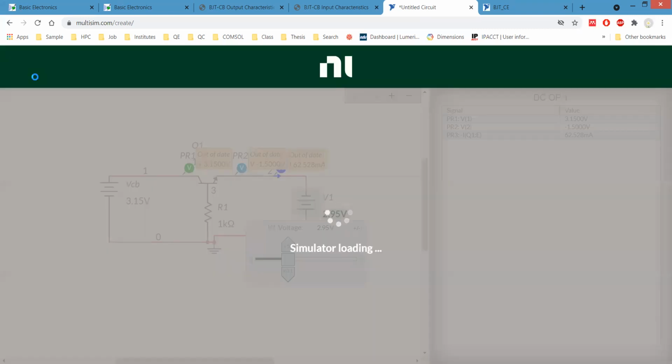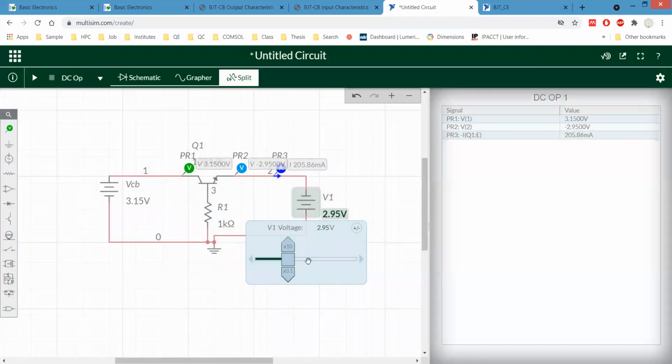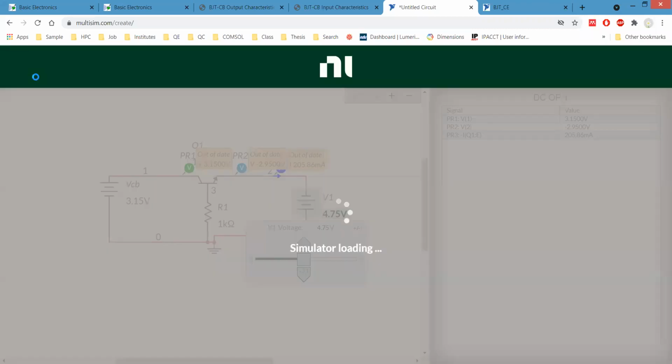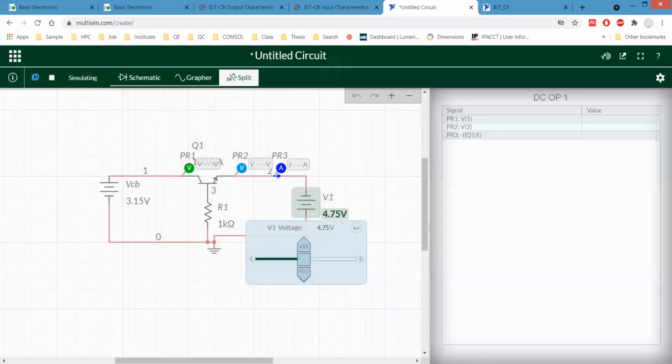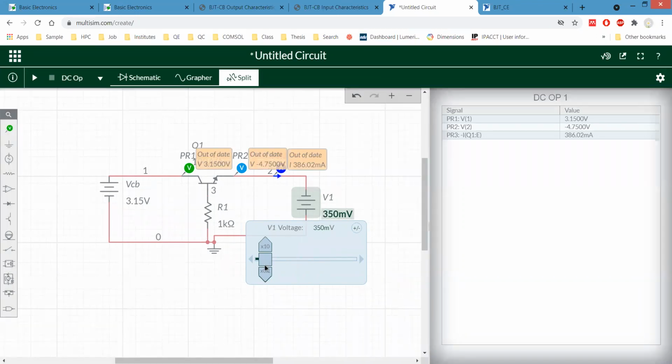Yeah, I think it is doing well. Now I think it is doing well. We can take the data. If we have only a base limiting resistor in the base, then I think we will have good data for that one.